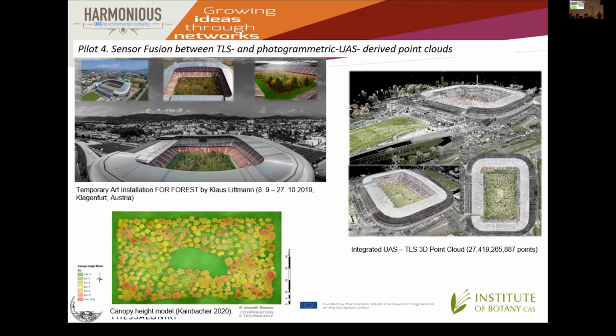A group from Austria did some 3D mapping of this stadium to reconstruct the 3D of the forest that was grown there. This is an example of the point cloud that was derived, and this was done by the fusion of terrestrial laser scanning and a photogrammetric point cloud derived from UAS.